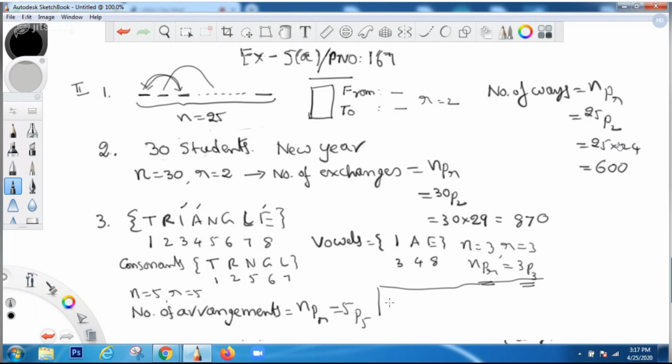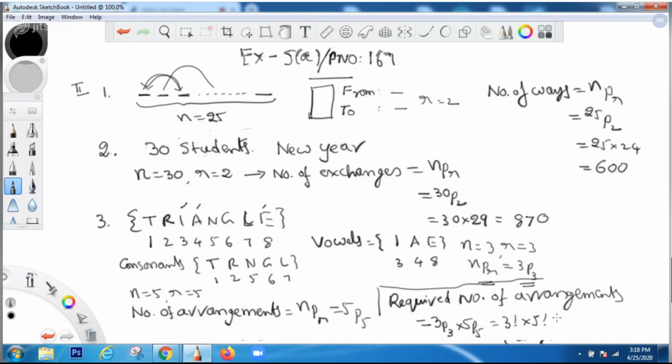Therefore, the required number of arrangements is 3P3 into 5P5, that's equal to 3 factorial into 5 factorial. That's the answer.